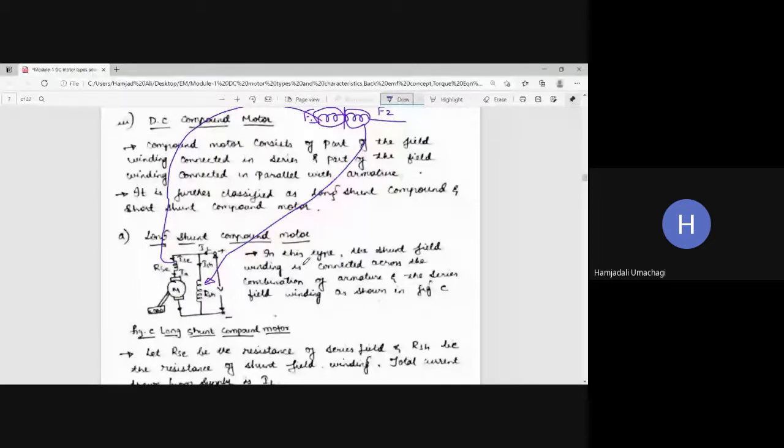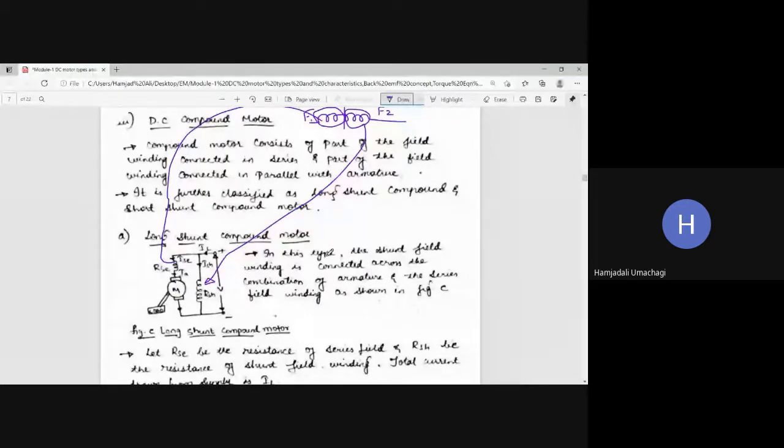In it, part of the field winding is connected in series with the armature winding, and the remaining part of the field winding is connected in parallel with the armature winding. Here you include the remaining part of the winding with this connection. If that is the case, then it is called a long shunt compound motor.